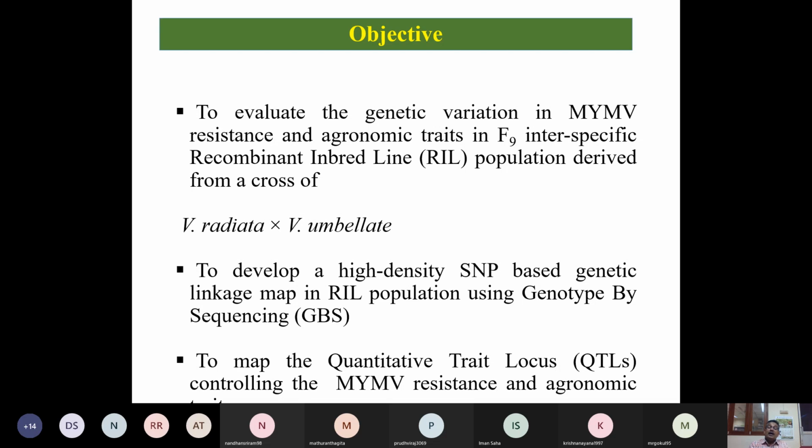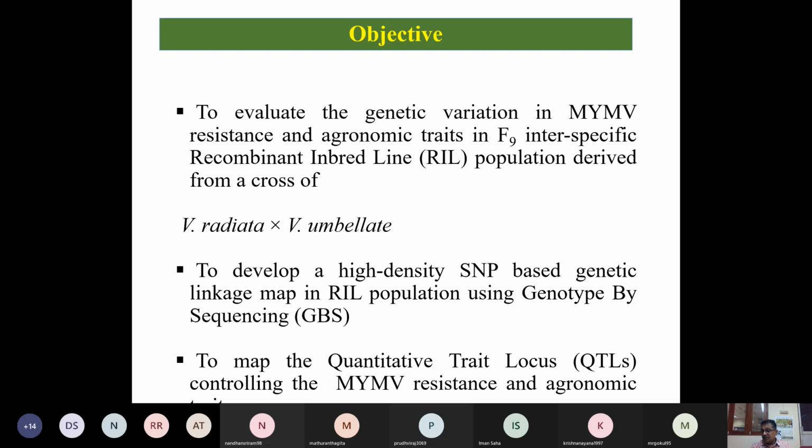That's why when you construct any high density linkage map nowadays, the SNP marker is the choice compared to the SSR marker, because of the limitation in the number of markers, and also high throughput genotyping. Because of that, with the genotyping by sequencing, GBS method, people use SNP markers nowadays for map construction. So this is one more thing.